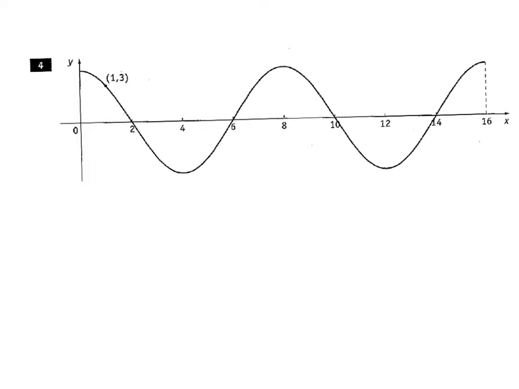Now having a look at number 4. Okay, so number 4 you can see also is not starting at 0, so it's going to be a cosine curve. And what is the period? It's repeating from there. So our period is 8. And we have another point on the curve to help us find the equation, because we don't know what the amplitude is. So we could say the equation is y equals a cos nx.